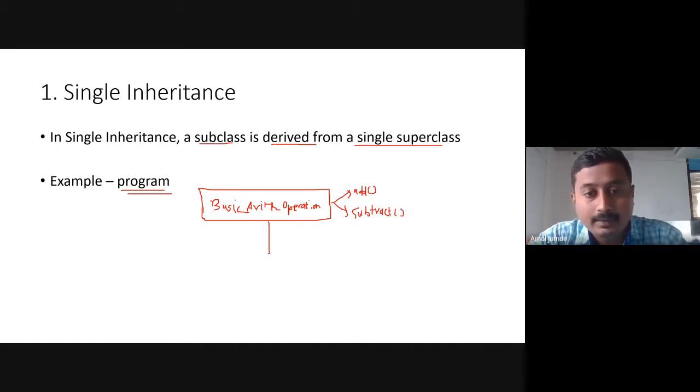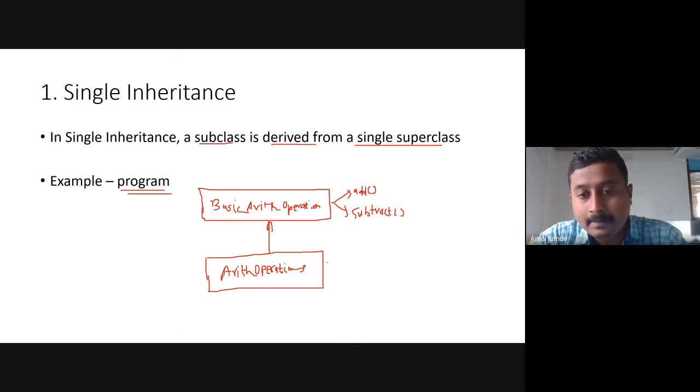Then we defined the arithmetic operation class, and we have added new features in the form of two new methods called multiply and divide. Now take a screenshot of this.